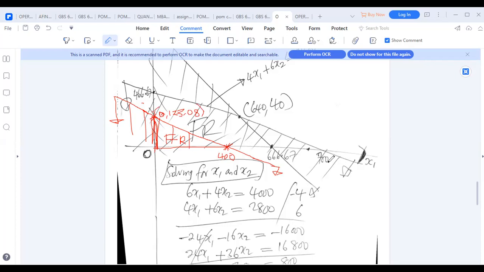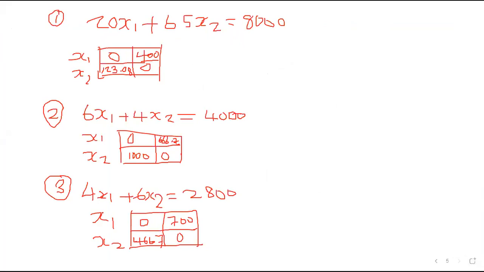So the corner points of the feasible region, after graphing here, we have the following.